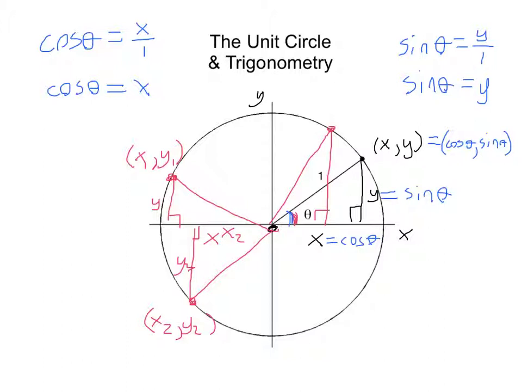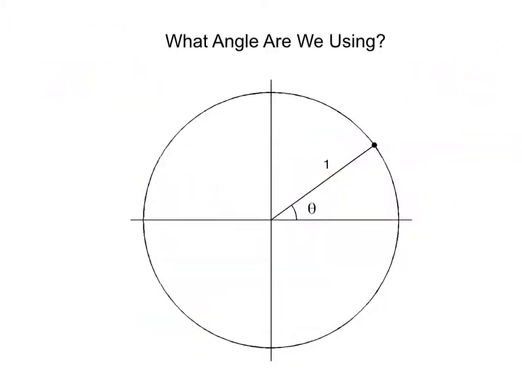But the basic idea is, by moving this point around the circle, the whole time, the x value is just the cosine of your angle, which is some decimal between 0 and 1. And then the y is the sine of the angle. And again, it's just some decimal less than 1. All right? So let's go on.